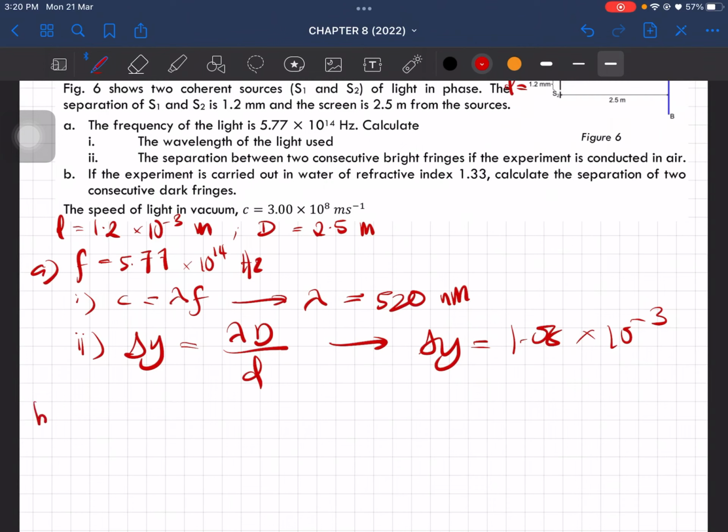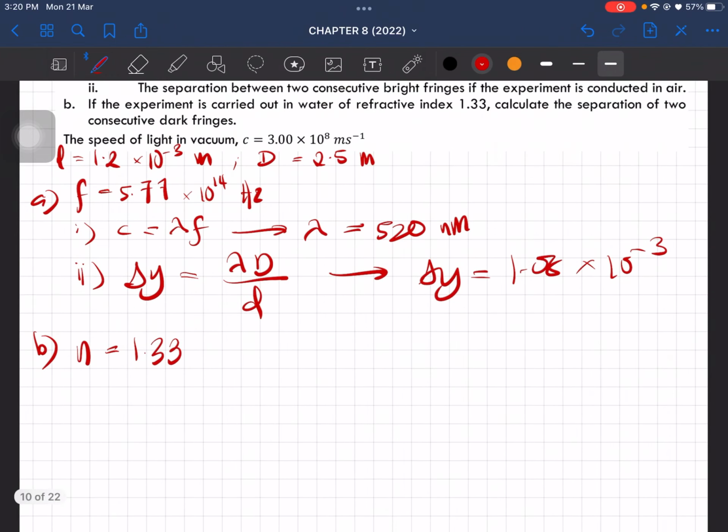And then question B, if the experiment is carried out in water, so now there's a medium, which is water, of refractive index 1.33. So we have to calculate the separation of two consecutive dark fringes. So that is delta x equals lambda D over small d.